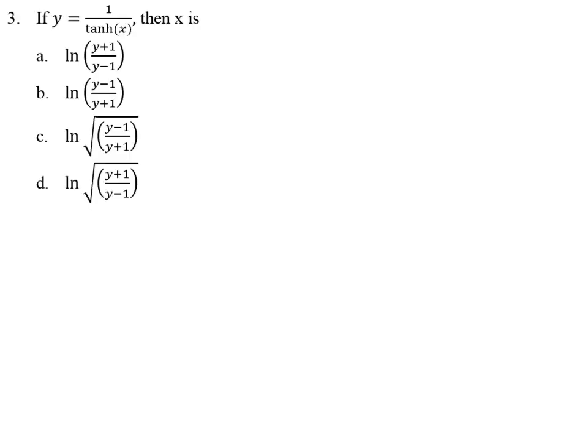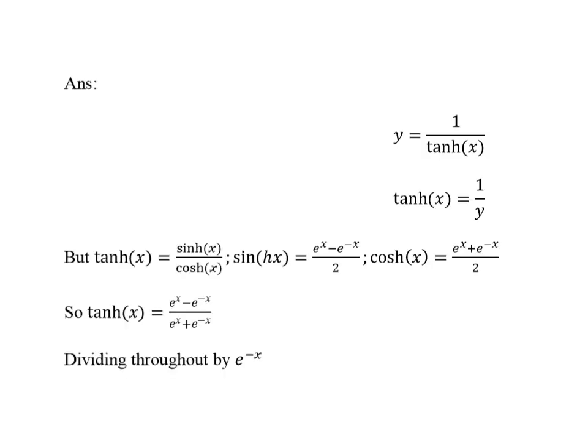Now coming to question number 3. If y is equal to 1 by tanh x, then x is, this is also a CSIR question in December 2015. So given y is equal to 1 by tanh x. So tanh x is equal to 1 by y. Now we know tanh x is equal to sinh x by cosh x.